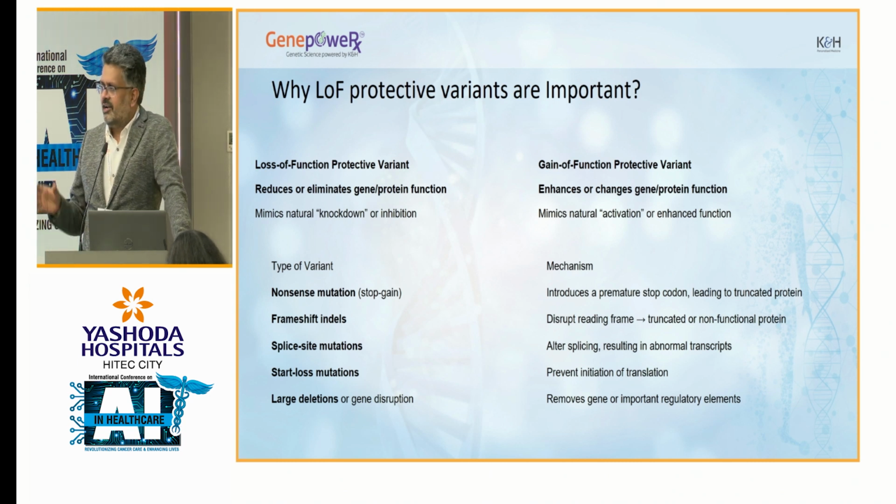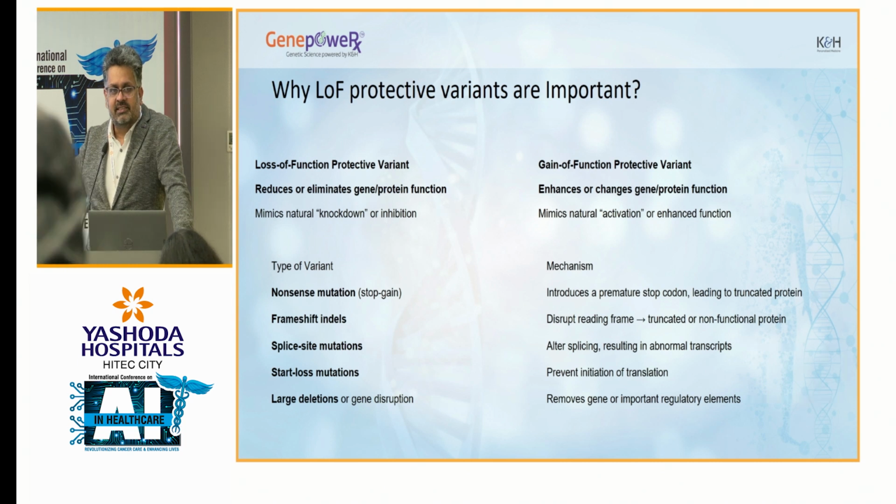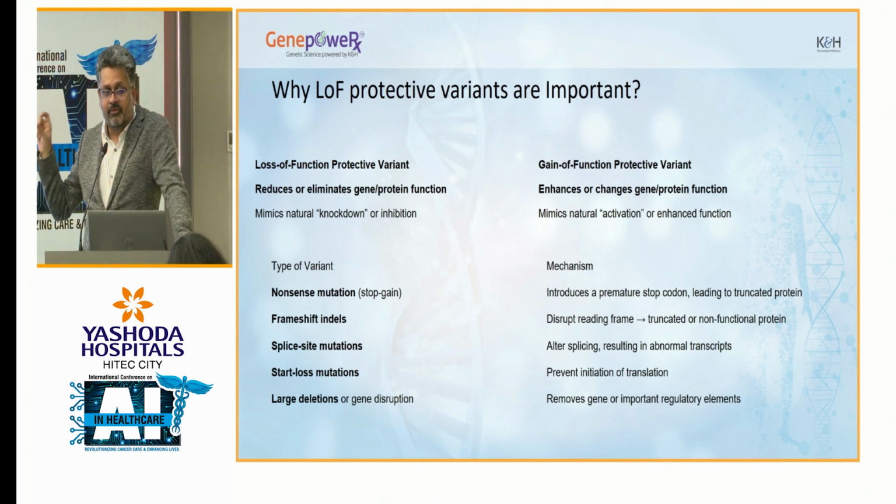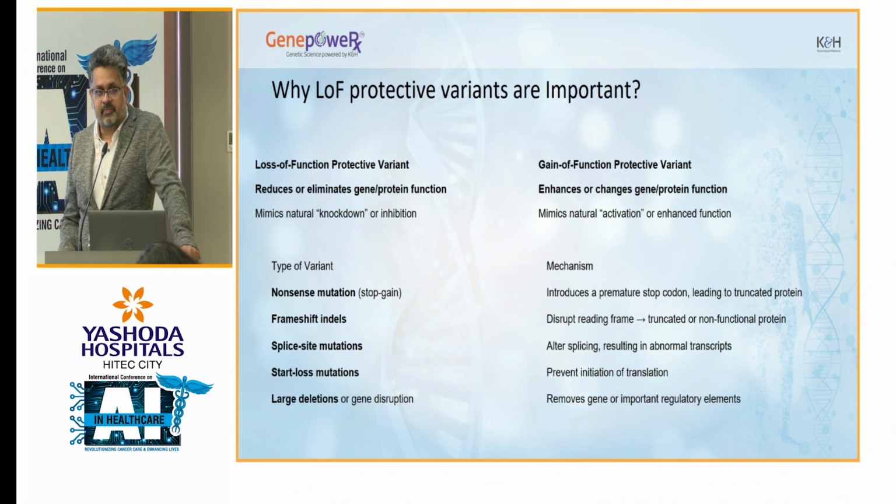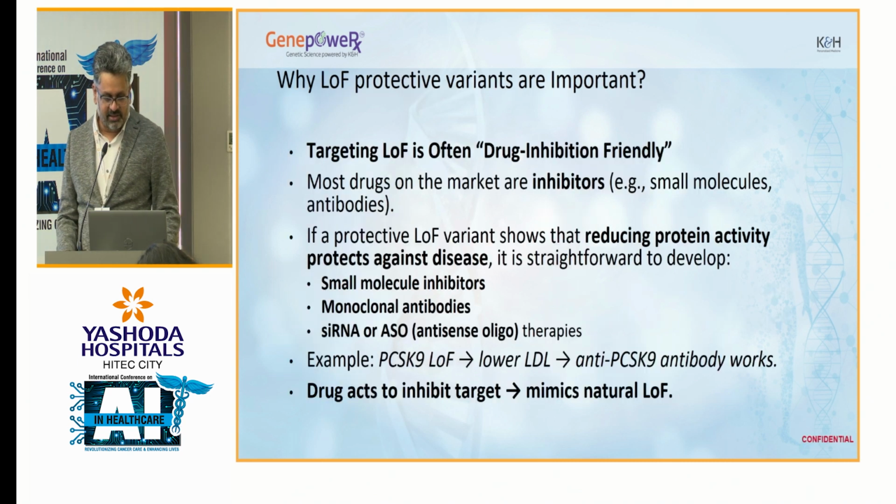You have the genomic data, you follow them for 5 to 10 years, and you develop a database. Then you look back and ask, who are these people? These were lucky people who smoked all their life but did not develop cancer. What is protecting them? They do have a change, but that change is protecting them. If we catch hold of it, that is when treatment for cancers can come. That is the point I'm trying to drive, and I will give you some examples of how this is done.